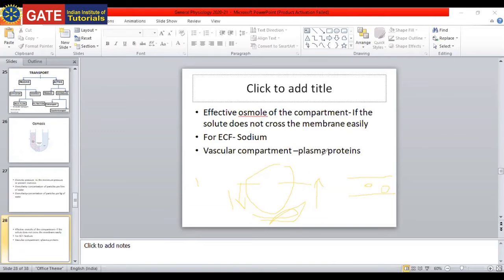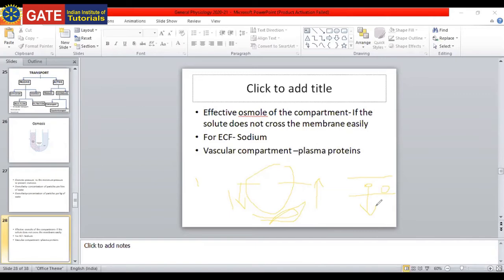Why I told you this is that plasma proteins usually will not be filtered, except in diseases. Which means the effective osmole for the vascular compartment is... why are you all not answering?